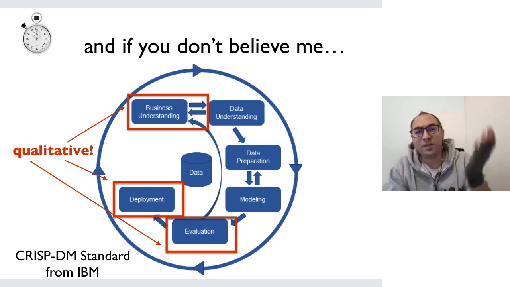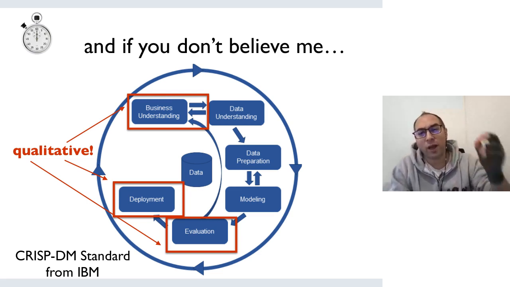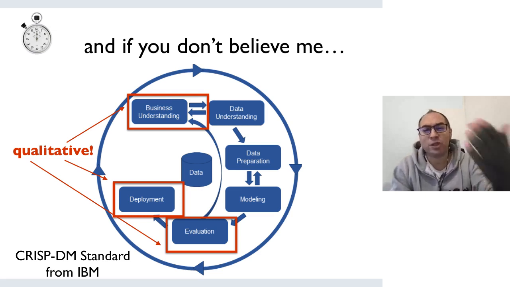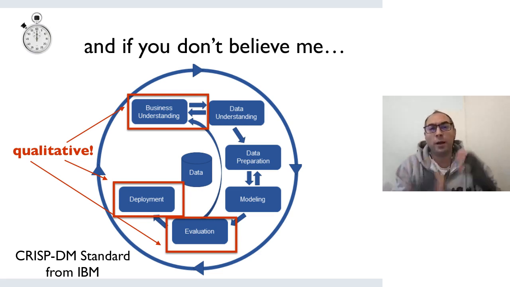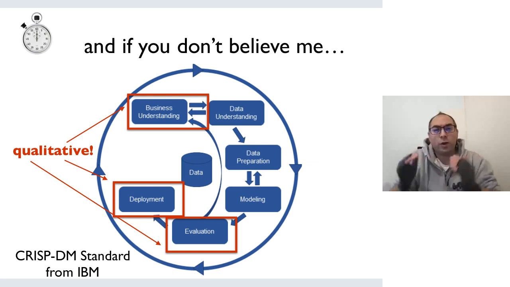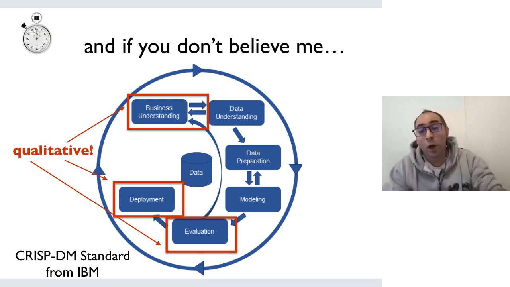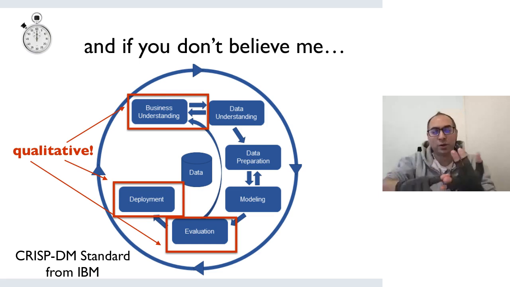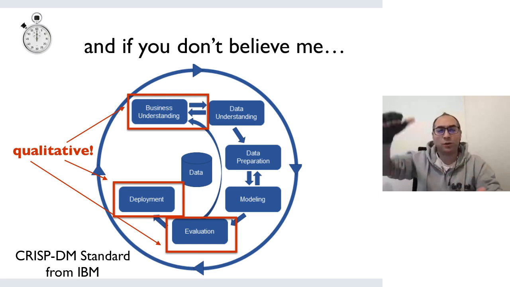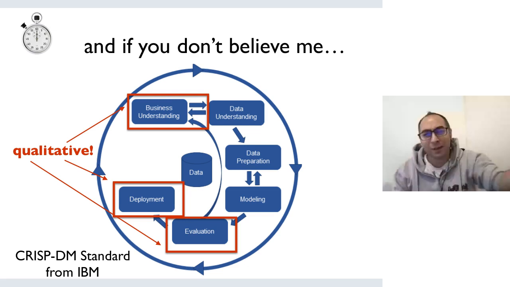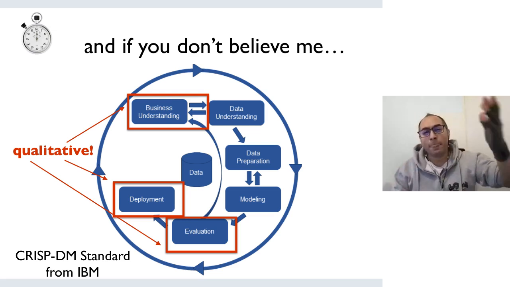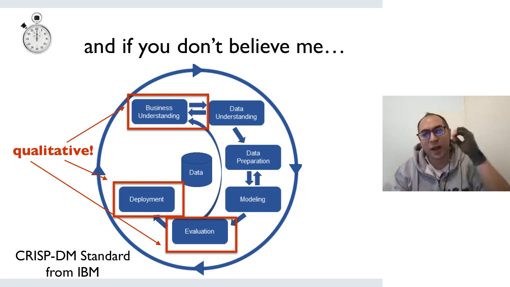Let me give you a stupid example. Business understanding involves domain modeling. It involves domain exploration. How do you explore a domain because you don't know anything about it? The how comes from qualitative research. You can instrument an ethnographical, ethnomethodological study in which you yourself, the analyst, embed into the domain. You take daily or hourly notes on what is happening in that domain, and then you analyze all of this material to figure out features, characteristics, variants, stakeholders, actors, roles, responsibilities, anything that can be used to describe the business and whatever understanding you have over that business.